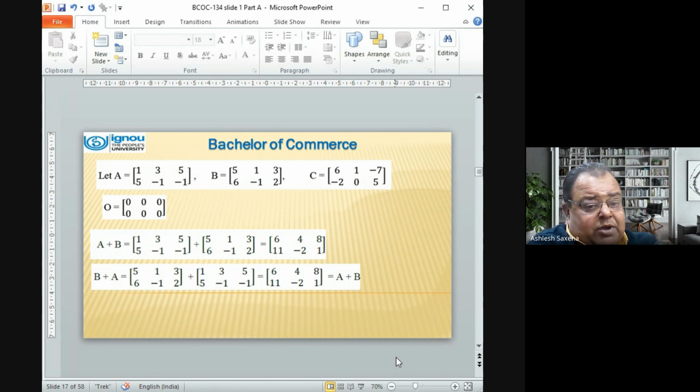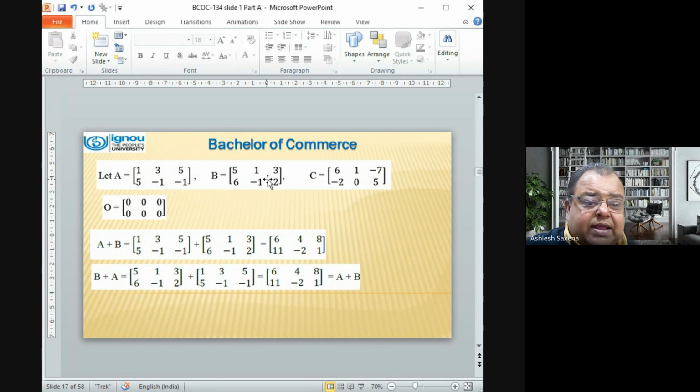Initially, we will add A plus B. When we add A plus B, it will be 1 plus 5, 6, 3 plus 1, 4, 5 plus 3, 8, 5 plus 6, 11, minus 1, minus 1, minus 2, minus 1 plus 2 will be 1. This is what you got.